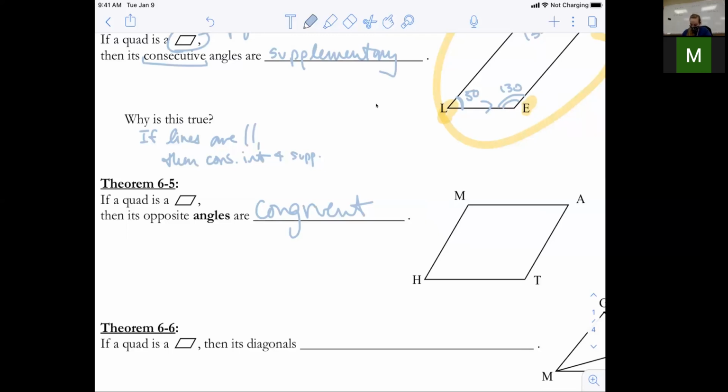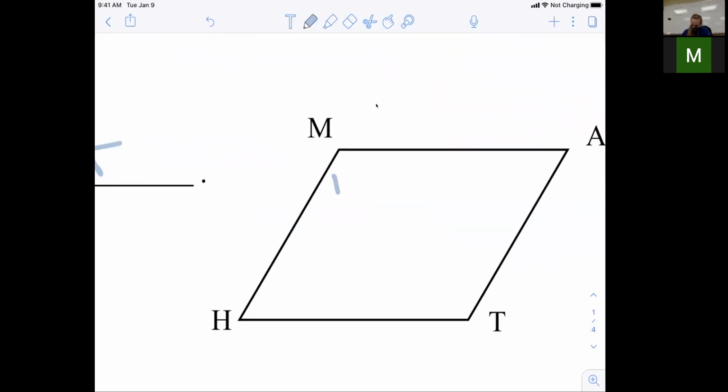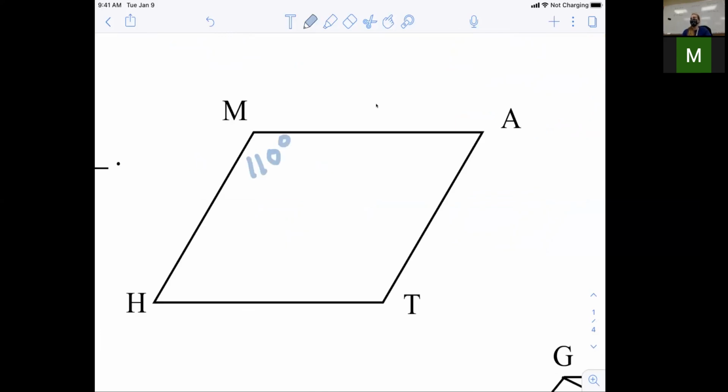What if I told you that angle M was 110 degrees? Who can name one other angle in that shape? 1 person can, 2 people can, 3, 4, 5, 6, 7, 8 people. Megan, name one more angle here. T is 110 degrees. Why? Very good. Megan said M and T are opposite, so they're congruent, which is 110.